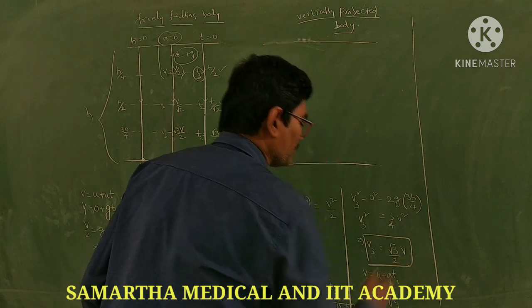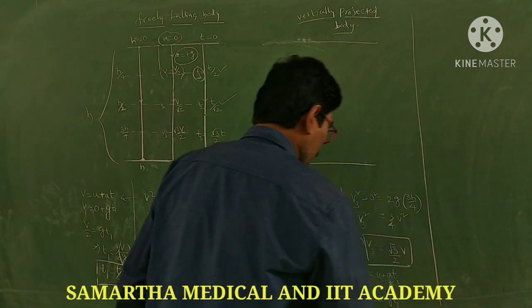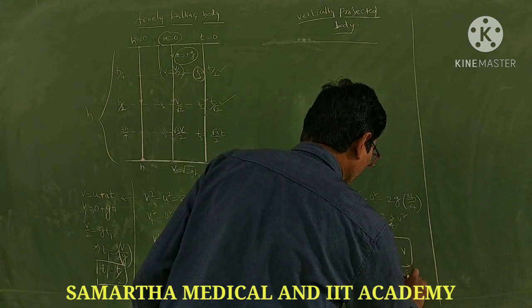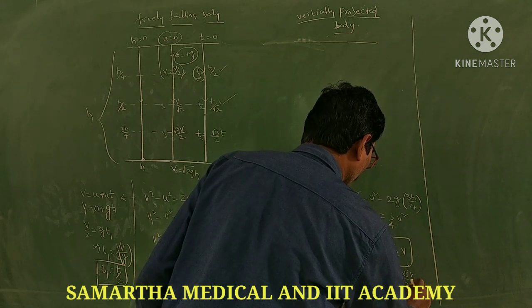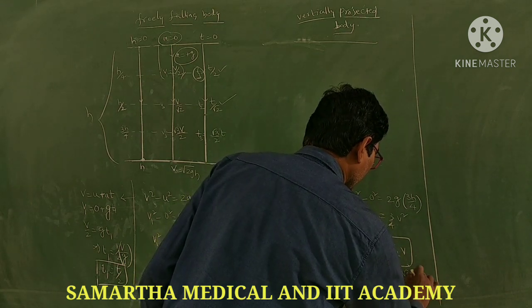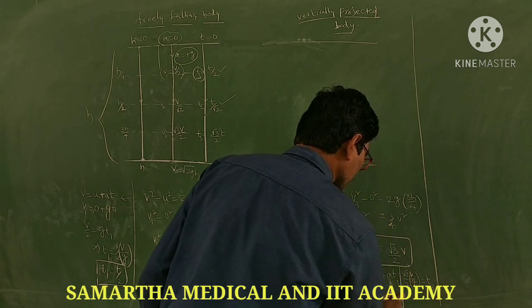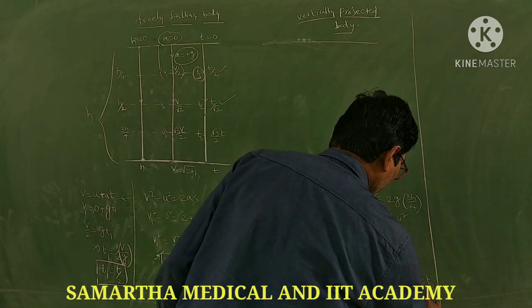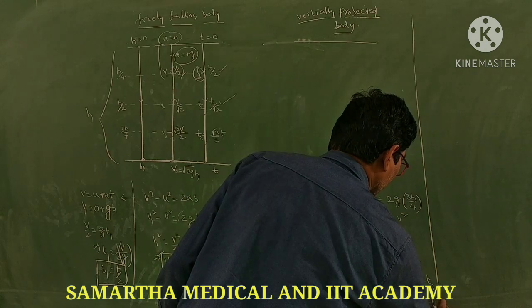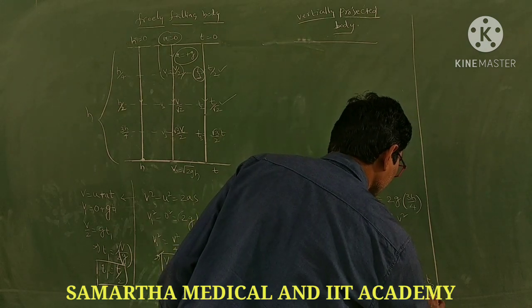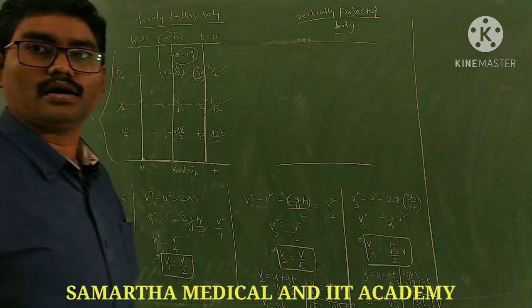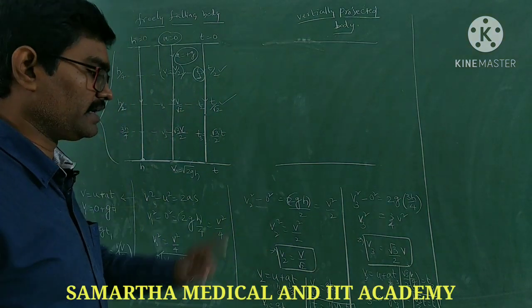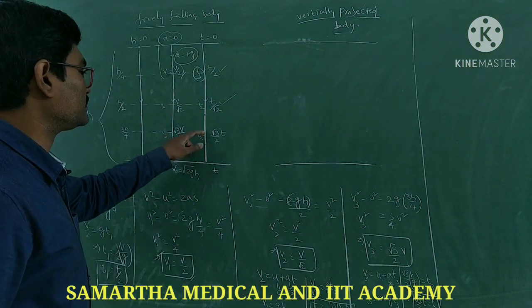What is v3? Root 3 V by 2. So you will get root 3 V by 2 by g is equal to t3. I am bringing this g, v3 by g. So root 3 by 2 into T is t3. Okay na? So that is the time taken to reach this point.